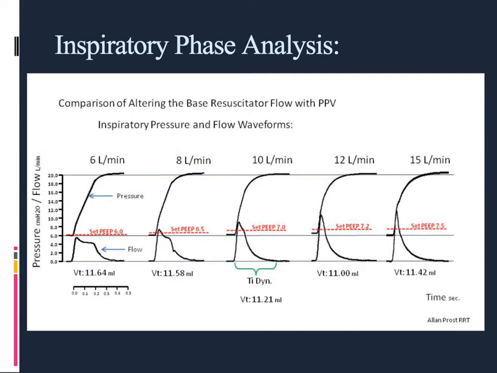But what is surprising was that as you increase the background flow, the pressure manometer on the NeoPuff itself, because of some internal mechanism, becomes inaccurate. At the lower flow rates, the PEEP you set on the NeoPuff is the PEEP that you get. So you can see I've got 6 set here, and I'm getting 6 delivered to the patient.